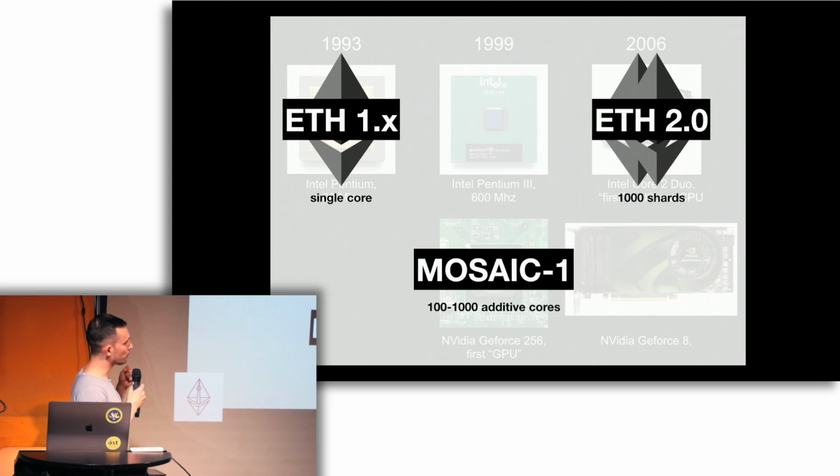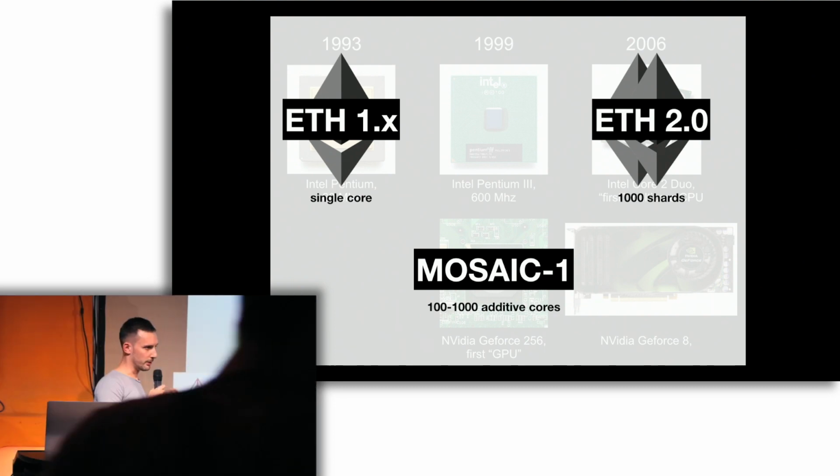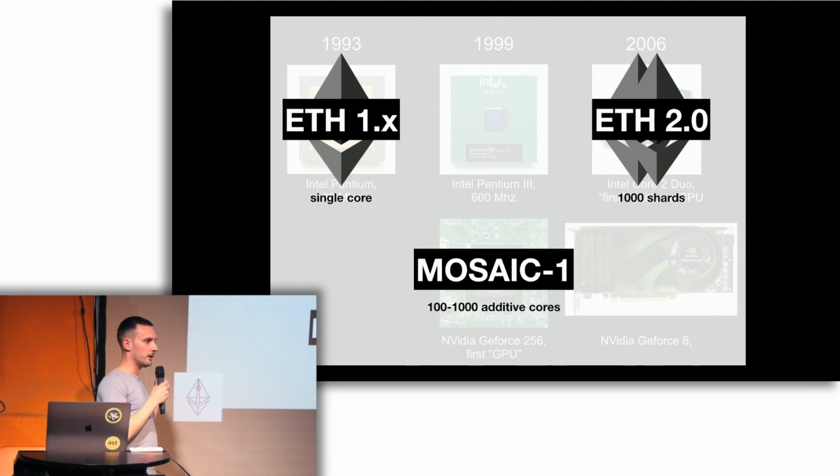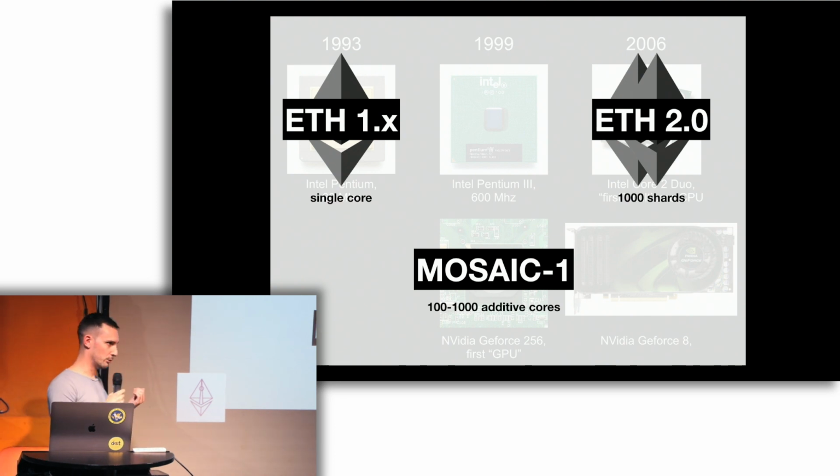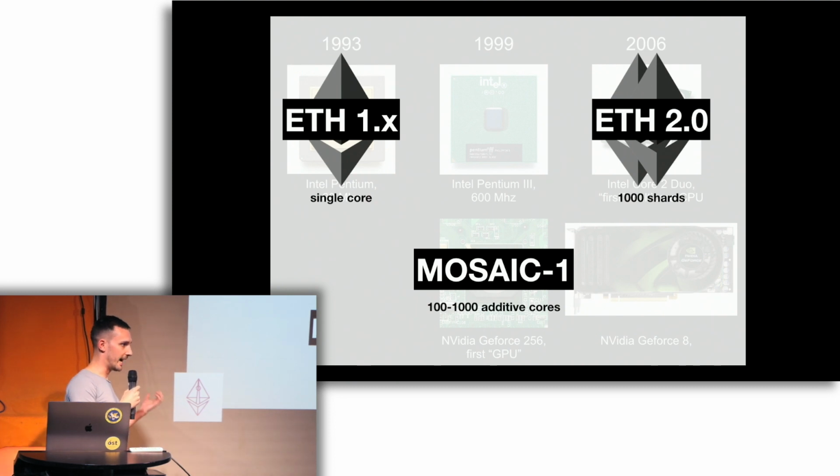Whereas if you want to code for a GPU, you have to explicitly write your program to be able to use the video card capabilities. And I think this is somewhat similar to what I'll explain here. If you want to write your dApp to use Mosaic, you'll have to write additional contracts. But it might be worth it for some use cases.